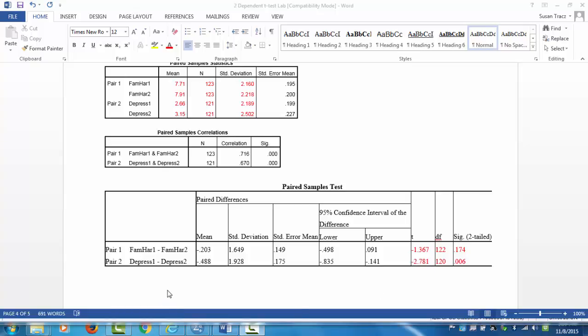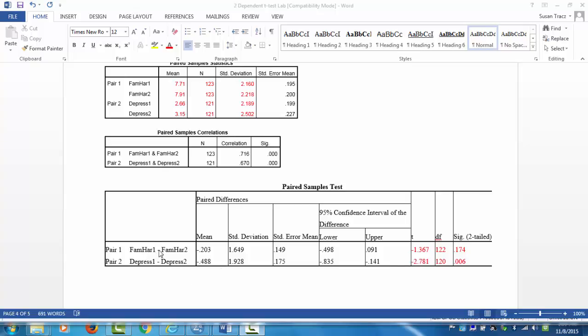Now if we had put, since we're looking for an increase, depression 2 in first and depression 1 in second, all our results would be the same, with the exception that we would not have a negative sign. So we really need to keep track of whether this is positive or negative and which variable we entered into our analysis first.